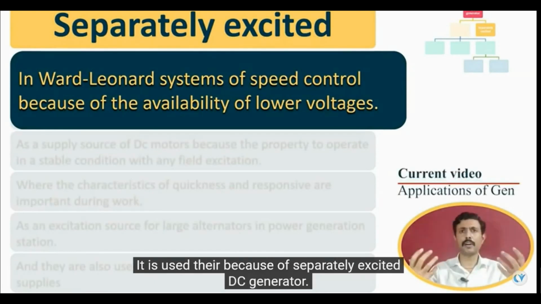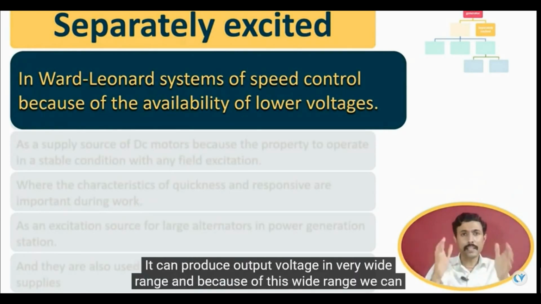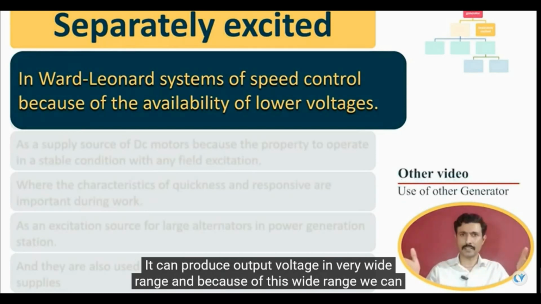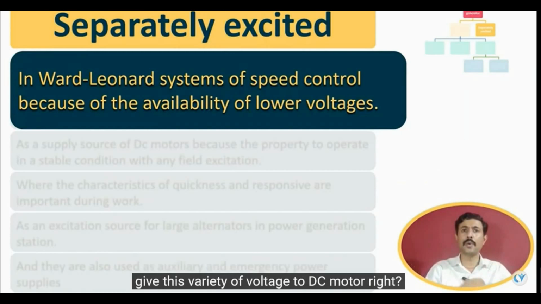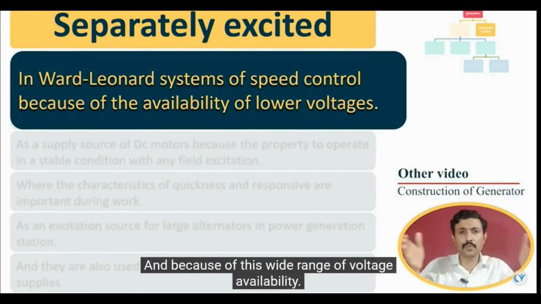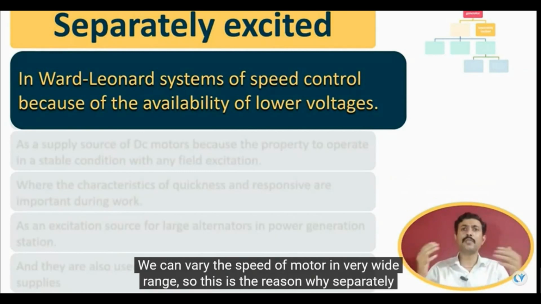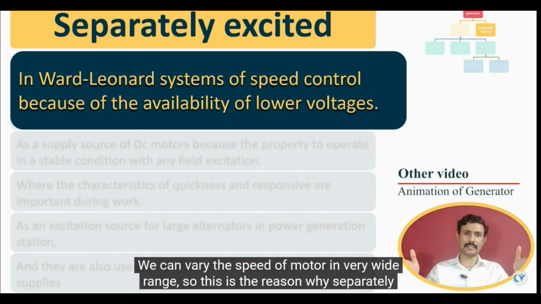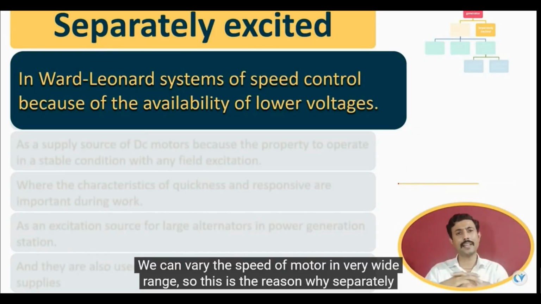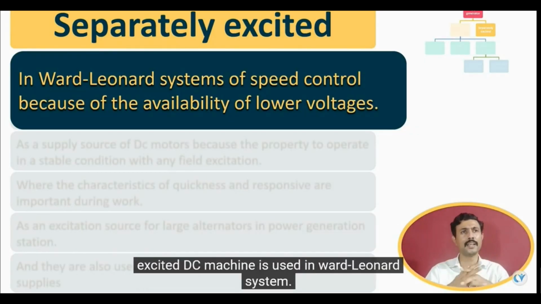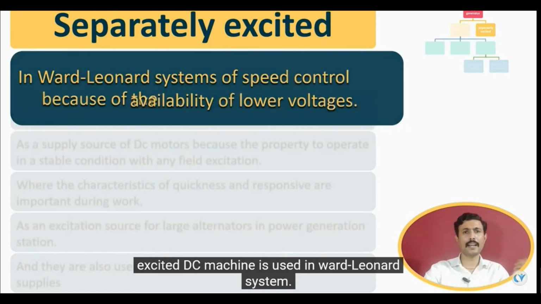It is used there because a separately excited DC generator can produce output voltage in a very wide range, and because of this wide range we can give this variety of voltage to the DC motor, right? And because of this wide range of voltage availability, we can vary the speed of the motor in a very wide range. So this is the reason why the separately excited DC machine is used in the Ward-Leonard system.